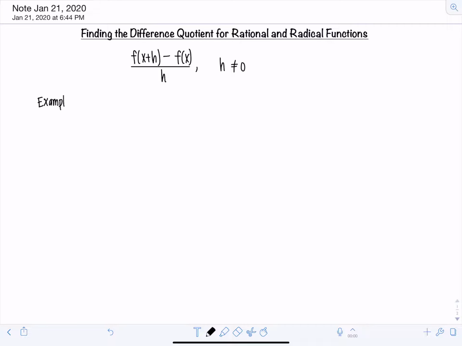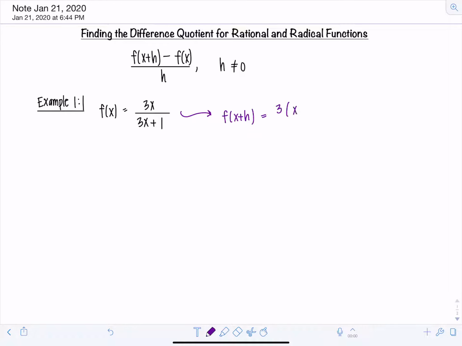So example 1, we're going to let f of x equal 3x over 3x plus 1. Okay, so let's first make sure we can evaluate f of x plus h. F of x plus h is going to be equal to 3.